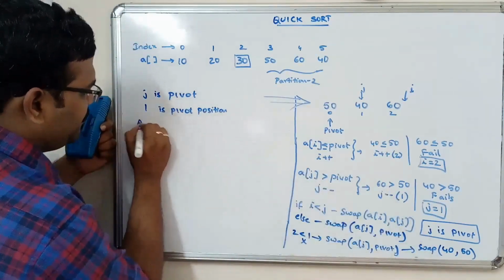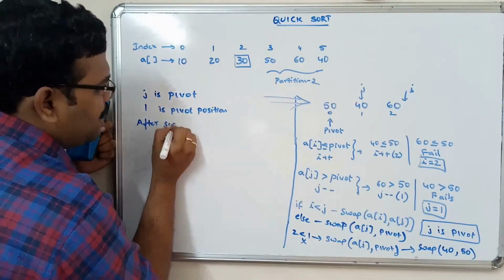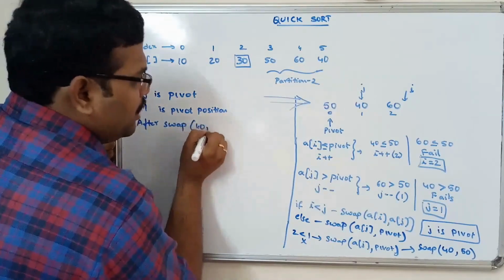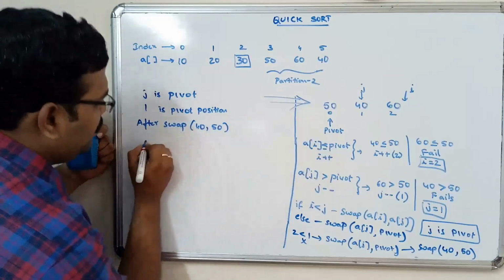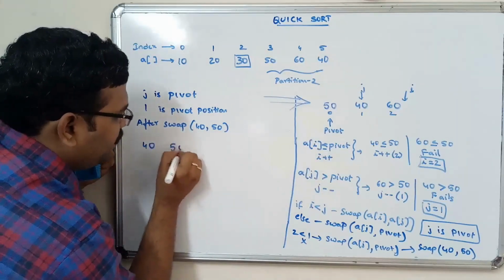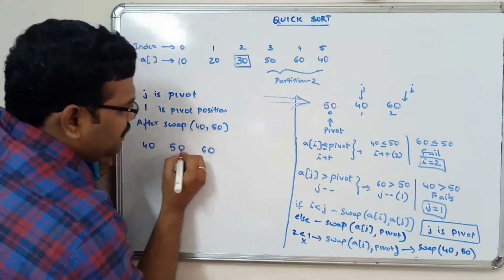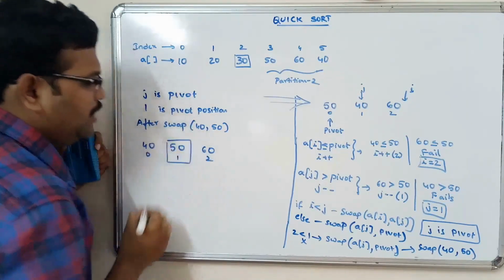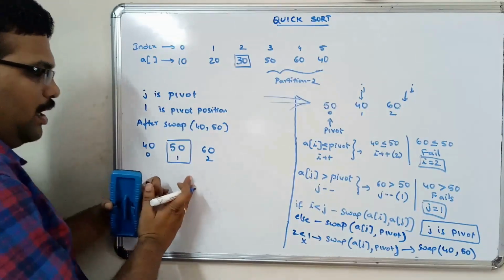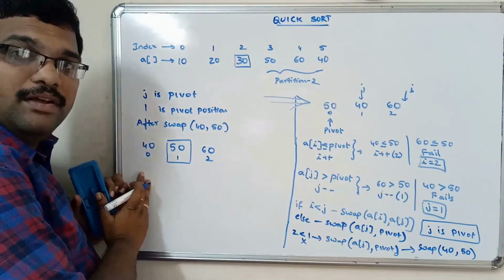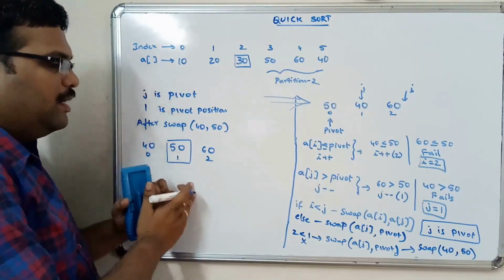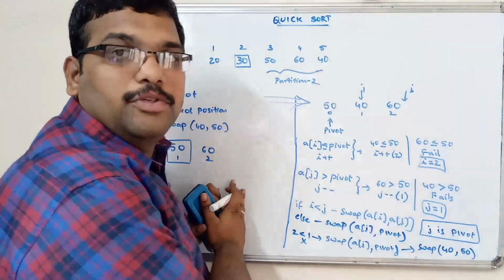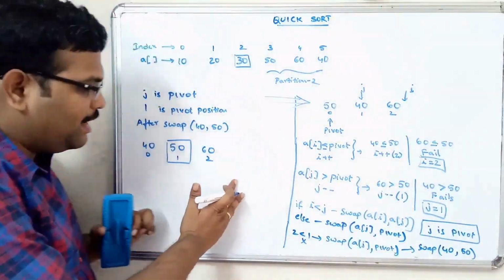After swapping, the elements are 40, 50 and 60. The positions 0, 1, 2, this is the pivot position. So the left hand side of the pivot has the values less than pivot, and the right side of the pivot position has the elements greater than pivot.